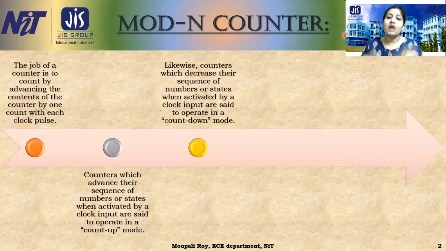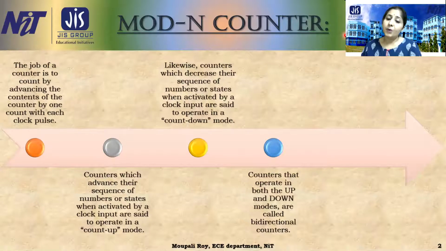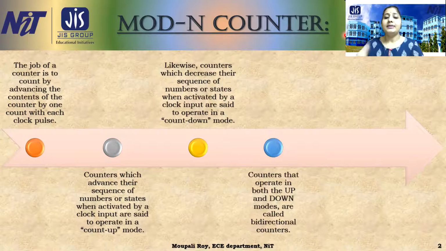The process is the same, counting, but one is count up and one is count down, an increasing or decreasing way. So that is also a work of a counter. The counters that operate in both the up and down modes are called bidirectional counters.